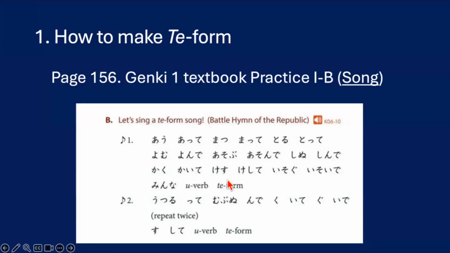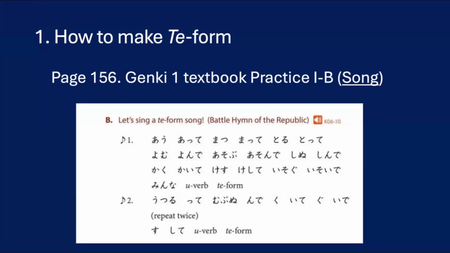And then ku, kaku will be ite. And then gu will be ide. So here, kuite, guide. And then su will be, let's see, kesu right here. And then keshite. Right? So these are the u verb te form. So hopefully you should sing along with this.